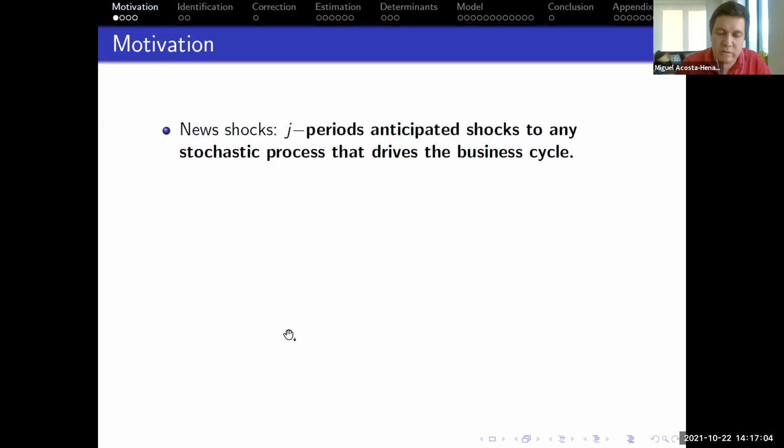Some people are usually not familiar with the literature, but we think about a contemporary stochastic process, an AR(1) process, say of TFP, which is A_{t+j}, an AR(1) in terms of A_{t+j-1} and two disturbances.